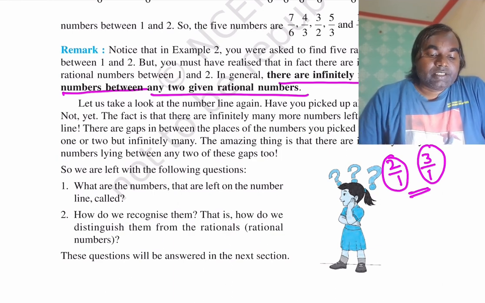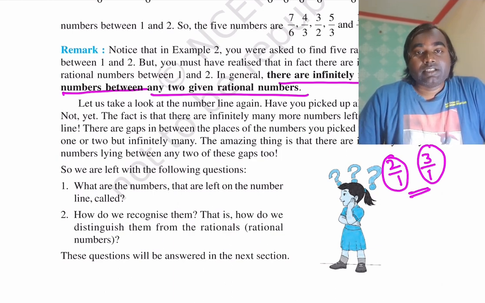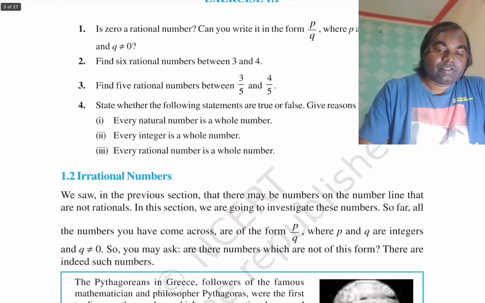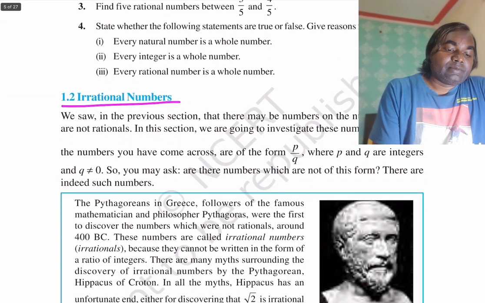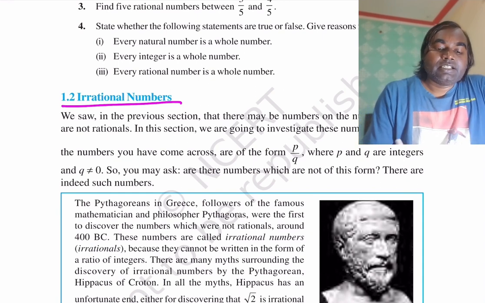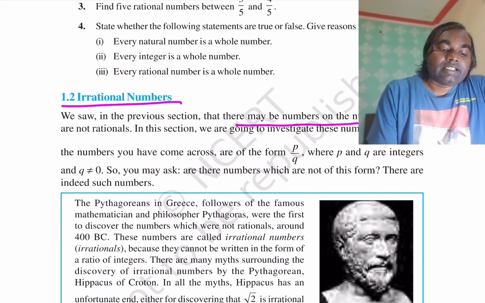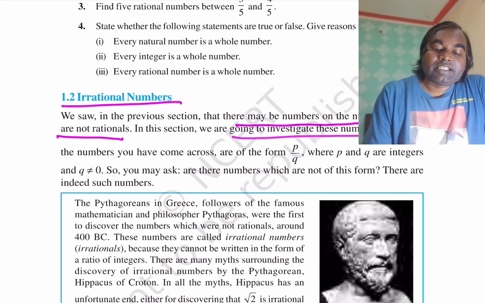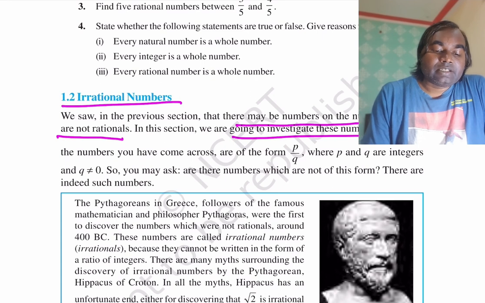Now we will think about the other kind of number, that is the irrational number. So what is an irrational number? In the previous section, we saw that there may be numbers on the number line that are not rationals. In this section, we are going to investigate these numbers that are not rational, and those numbers are known as the irrational numbers.